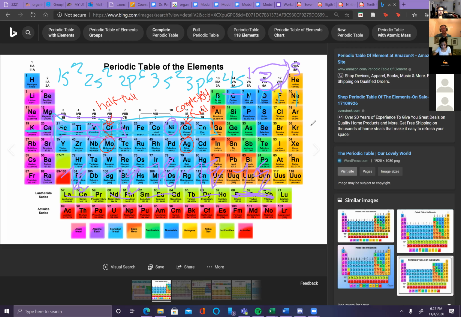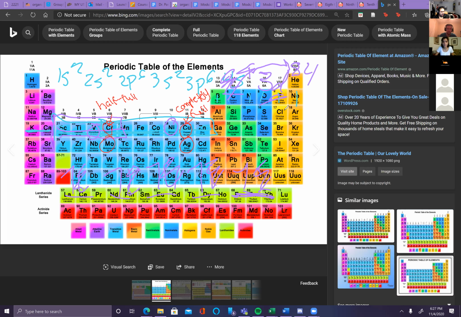So for chromium 2+, you're literally just taking electrons away. The first place you're going to take an electron away from is, you guessed it, the highest energy level. Since the highest is the 4th, we take an electron away from the 4th. Then we need to take away another electron, so we take it from the d orbital first, which will be 4.